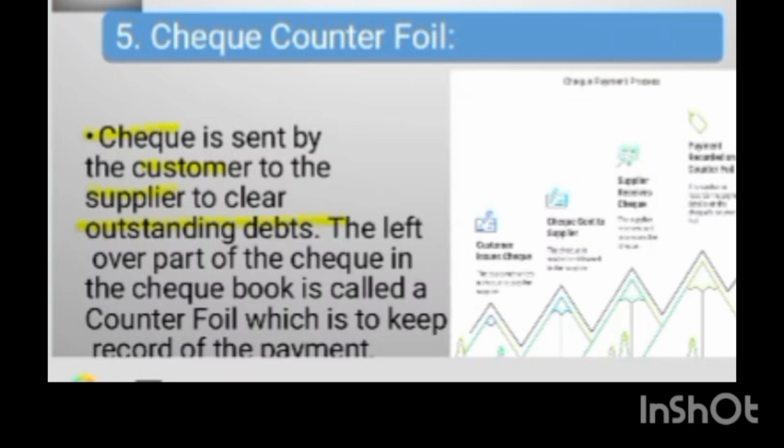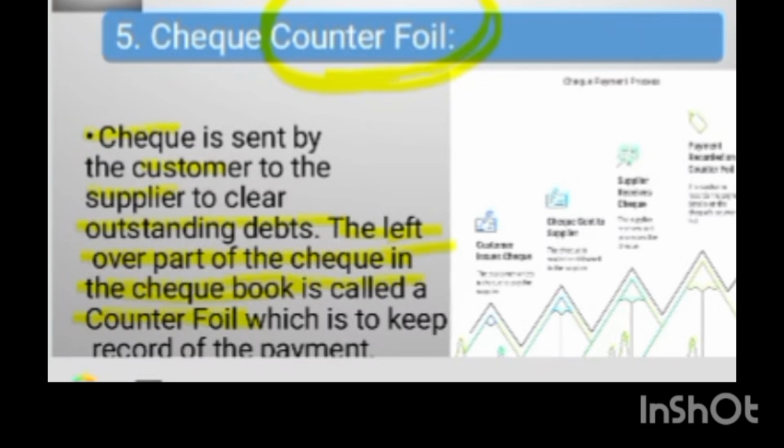The leftover part, now the thing is that what is counterfoil? The leftover part of the check in the checkbook is called a counterfoil. Just focus over here. Yes, you all have seen the check, right?